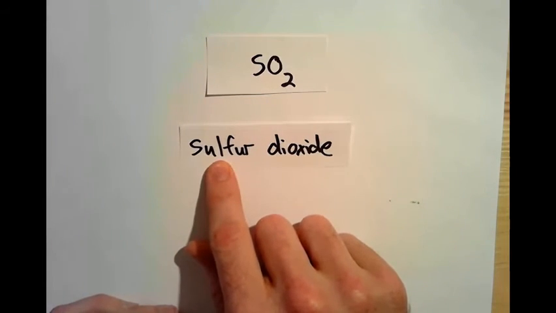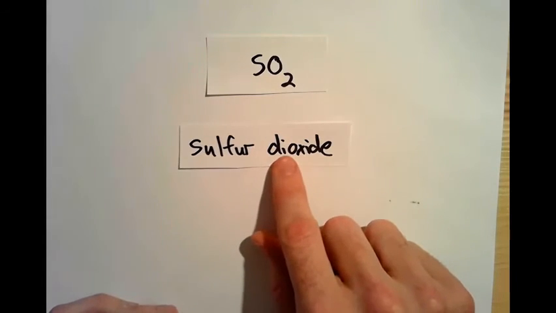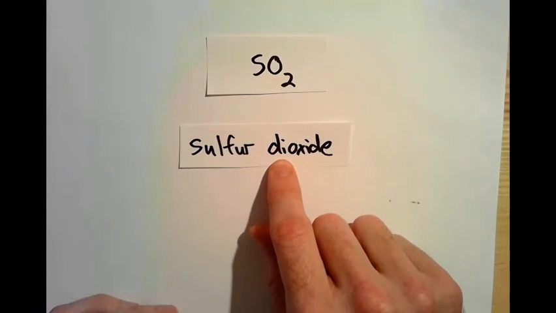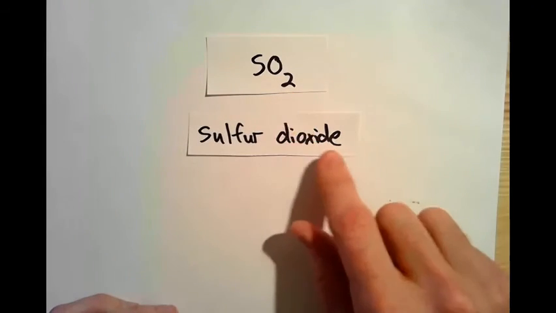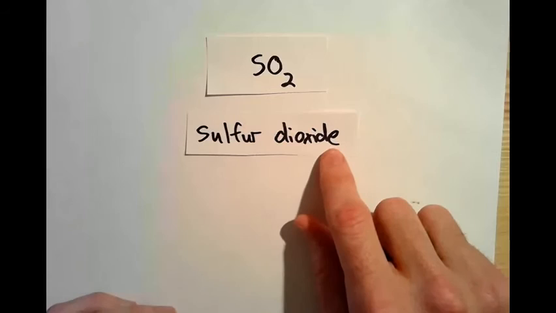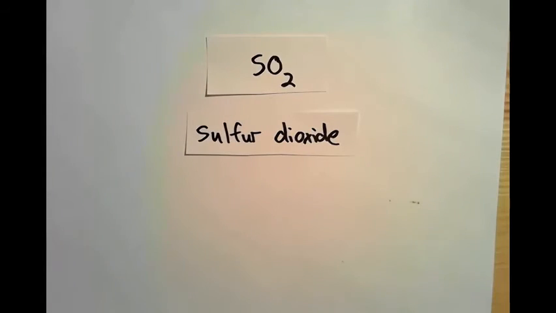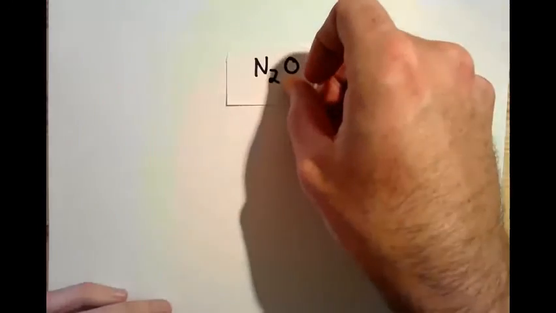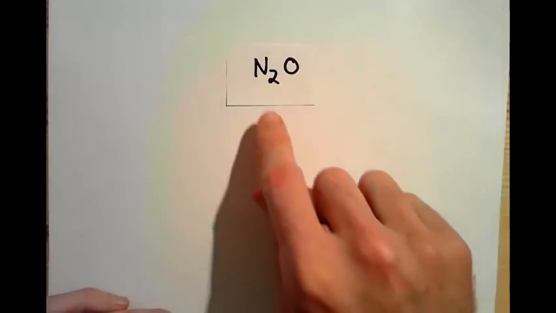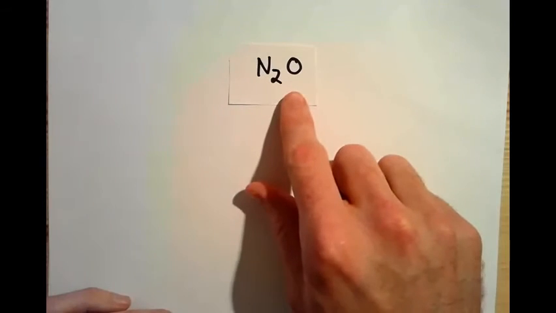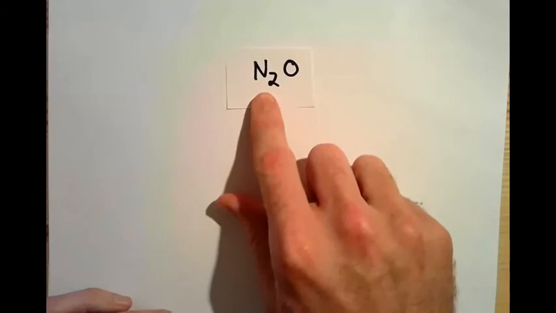But I put the di in front for 2, and then I changed the ending to -ide to make it sulfur dioxide.